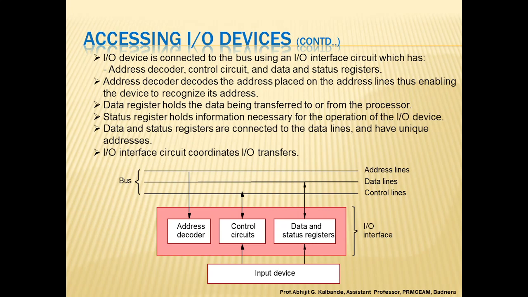To review the basic concept, we consider some examples of input-output operations involving the keyboard and the video display of the computer system. Three registers have to be there: a status register, a data register, and a control register, which perform different tasks and operations.